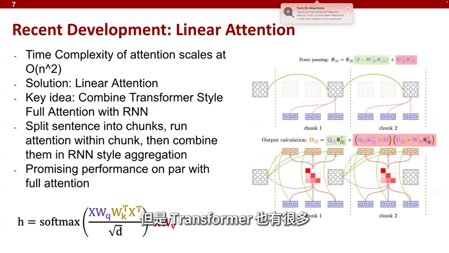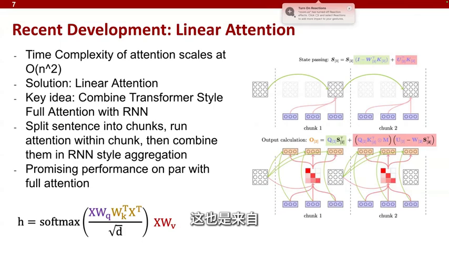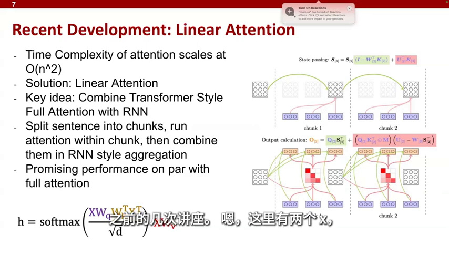But the transformer also has a lot of drawbacks. One prominent drawback is that the time complexity is pretty high. As you can see here, this was also from a couple of lectures before.